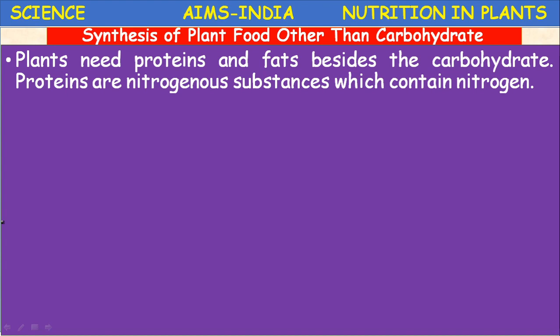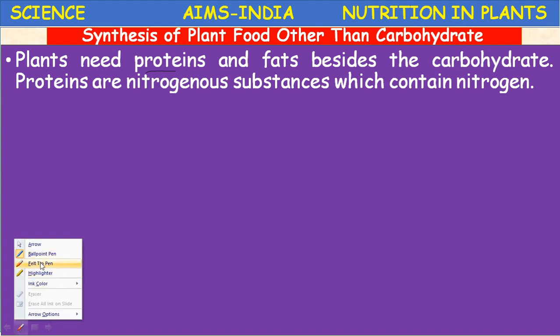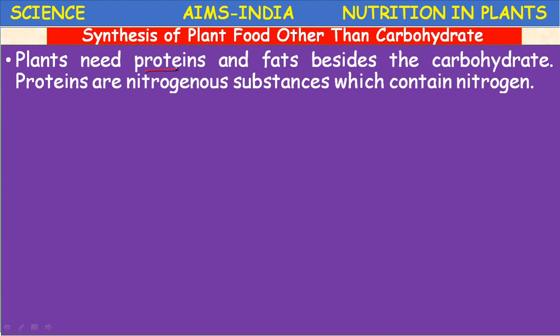They need different types of nutrients. Besides carbohydrates, plants also need proteins and fats. The proteins are nitrogenous substances which contain nitrogen.